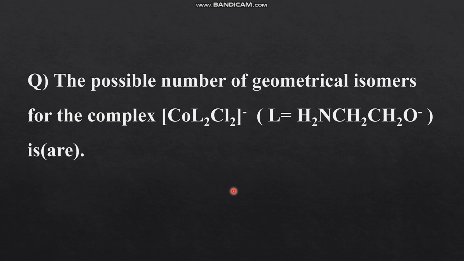As you can analyze the complex very clearly, it has two bidentate ligands and two Cl ligands. Whenever such a complex is given, always make a habit of assigning first the ligands which are lesser in number. Here both are twice, but the bidentate one is a complex ligand and you have only two Cl ligands, so we'll first assign the Cl ligands.